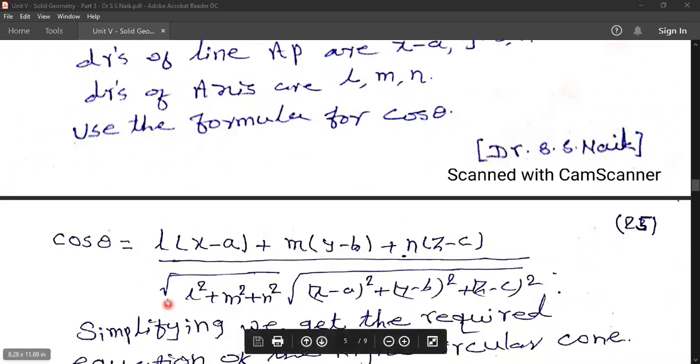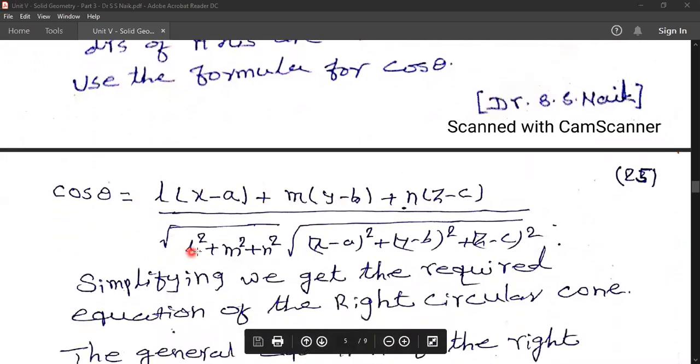Then in the denominator, the square root of L square plus M square plus N square, that is the square root of the direction ratios of the axis, and this is the square root of the direction ratios of any point P from the vertex.